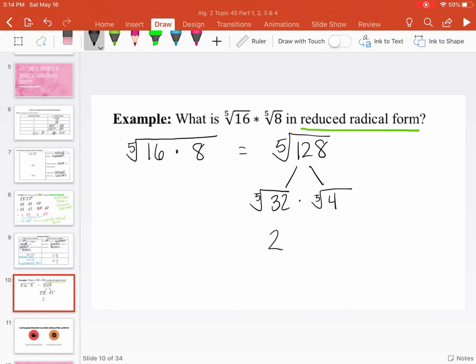And a lot of these kind of common roots will become easier or muscle memory just with more practice. Practice makes progress. And here we have the fifth root of 4. Now this can't be simplified any further, so we're just going to leave it in that radical form. And this is in reduced radical form.